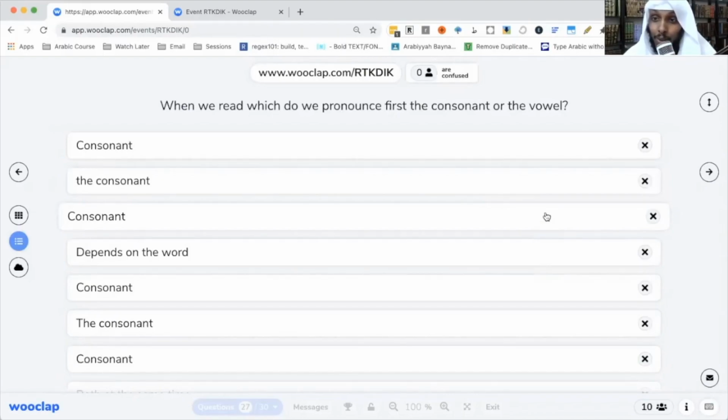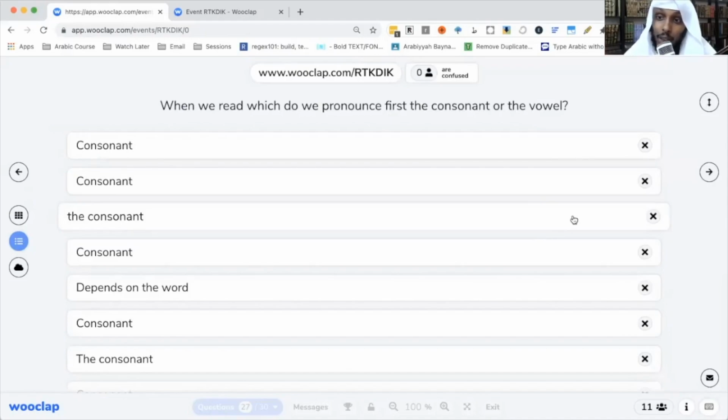So for example, if we say the word qara'a, which means to read, or an easy word such as shariba, or any other word like kataba. Kataba is a good word. So kataba, how would you write it in English? You'd write the consonant first and then the vowel. Then ta, consonant first and then the vowel. Okay, so the consonant comes first.